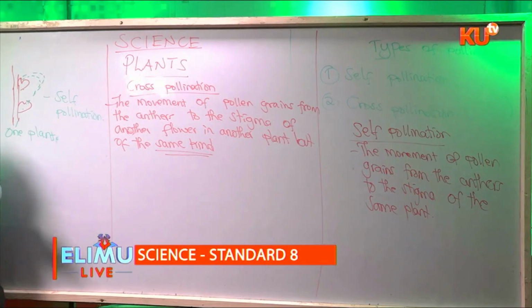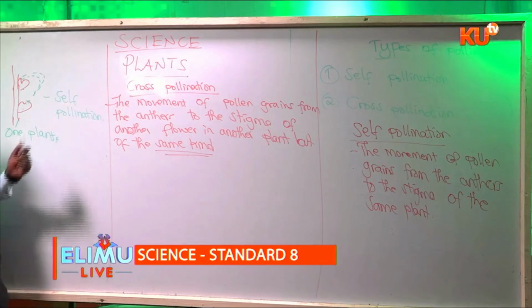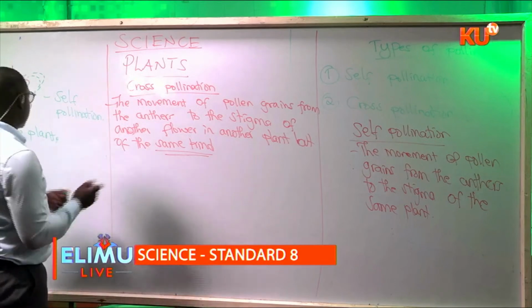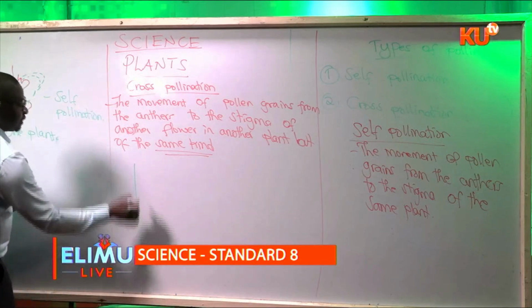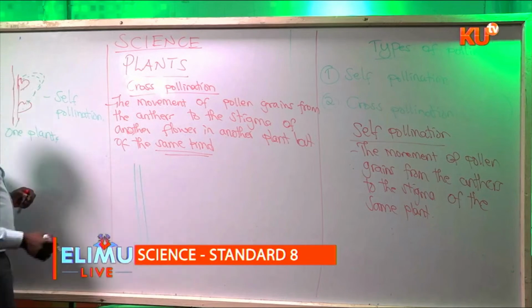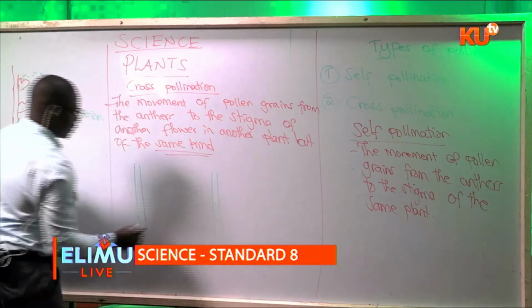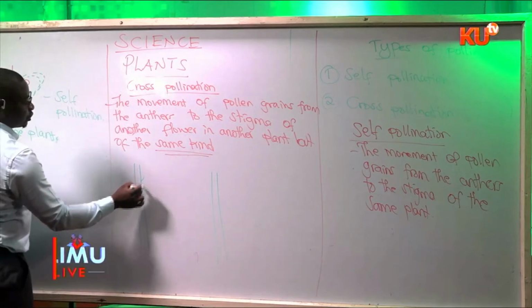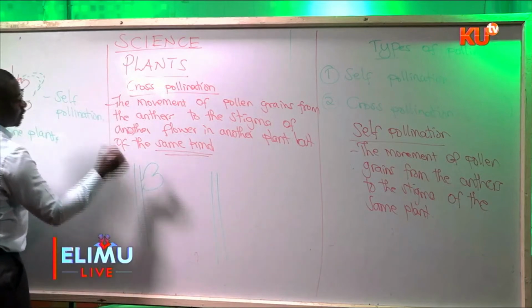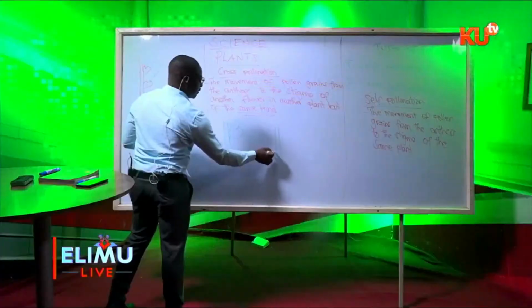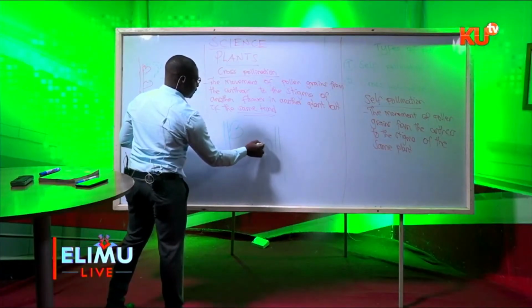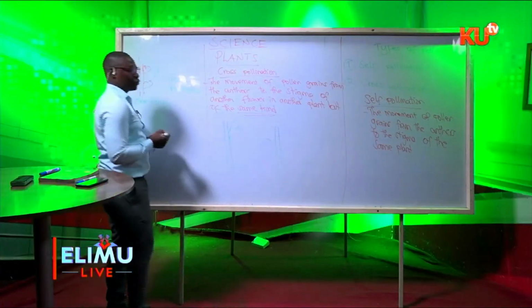So in cross-pollination, we're going to have two plants involved, unlike self-pollination. That will be plant number 1, and that will be plant number 2. We can have this example to show a flower, and this another example to show a flower.